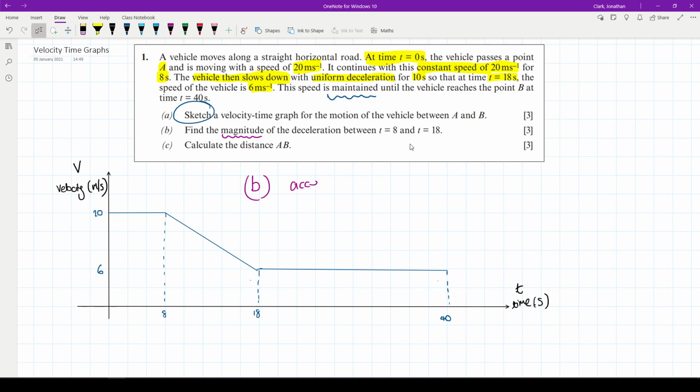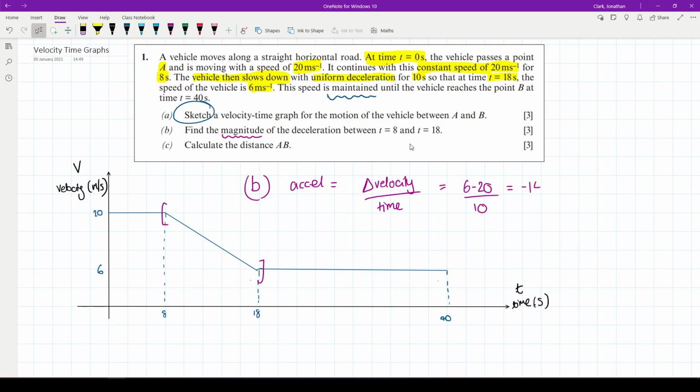So the acceleration formula is the change of velocity over time. And in this period here, we've gone from a velocity of 20 to a velocity of 6. And we've got a time period of 10 seconds.